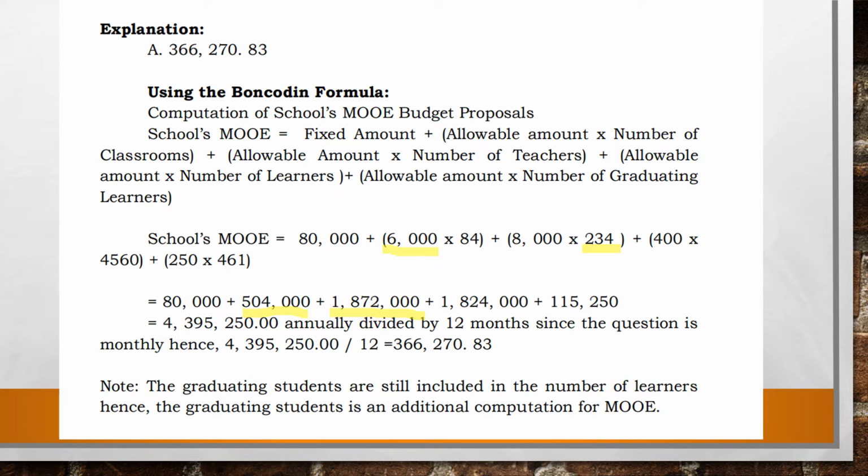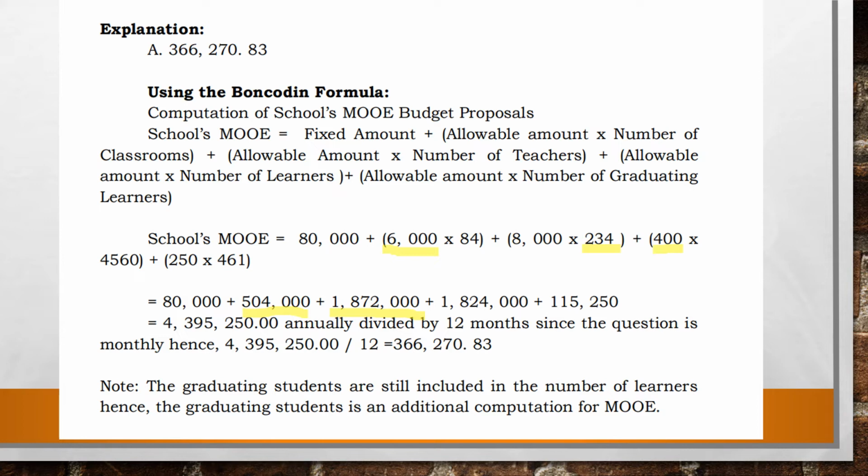And for the number of learners, for each learner, we have 400 pesos. So mas mataas ngayon ang allowable amount for the number of learners. But we have to take note that there are also increases in this amount with the subsequent memorandum.